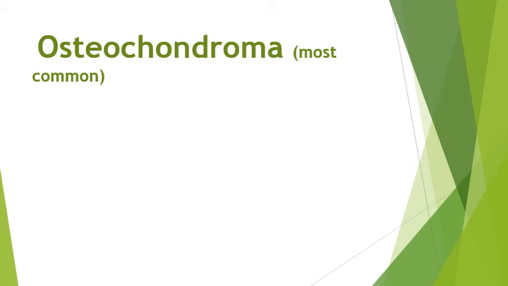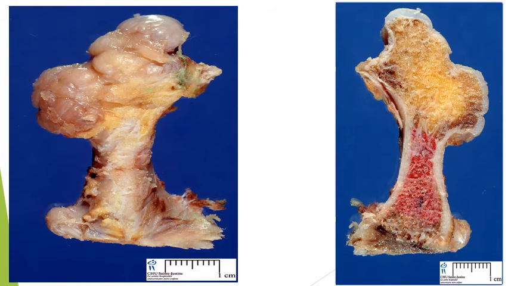Okay, the third one, which is osteochondroma. The osteochondroma we talked about, it has two parts: the osteo, the bone part, and this is capped by cartilage. Okay, it's actually mushroom shape. You can see that this is a mushroom shape.